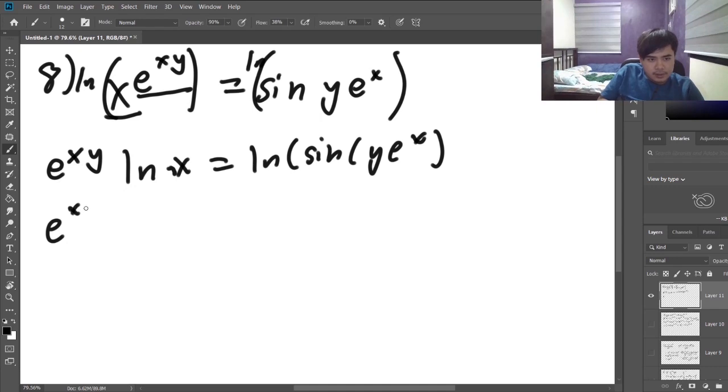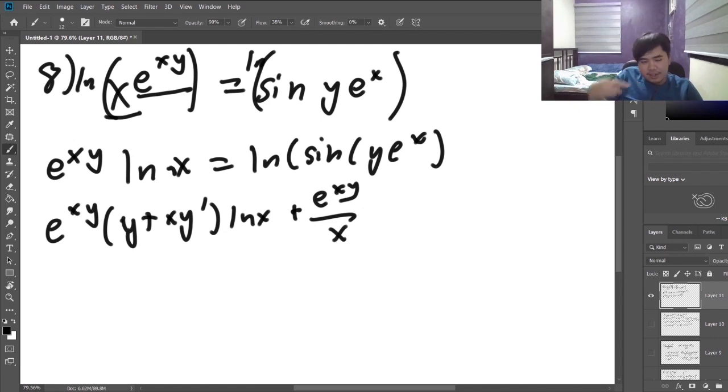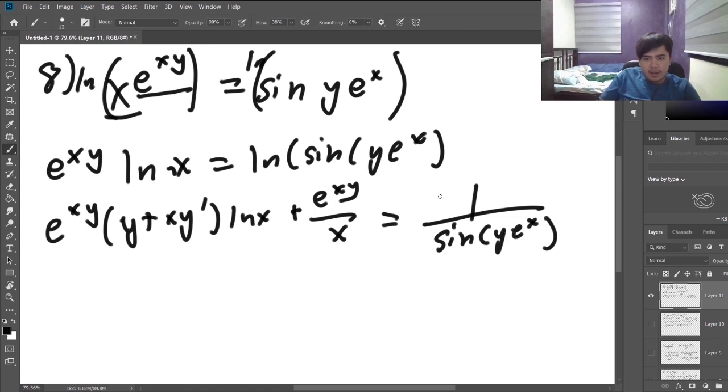So e to the xy, the derivative of that is going to be y plus xy prime, as we discussed earlier, ln x plus e to the xy over x. 1 over x is the derivative of ln, and this is equal to, this is a huge product rule chain rule situation, so 1 over sine of y e to the x, multiplied by cosine of y e to the x, multiplied by the derivative of the inside, so y prime e to the x plus y e to the x. It's kind of difficult to write.